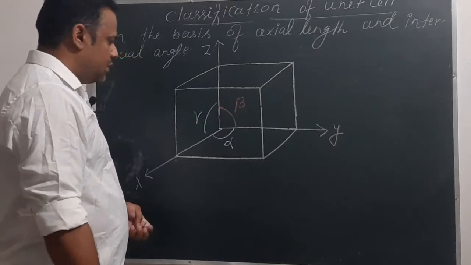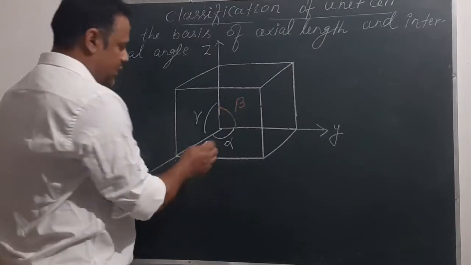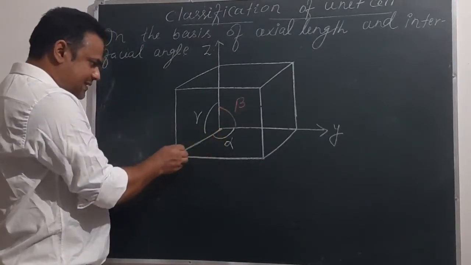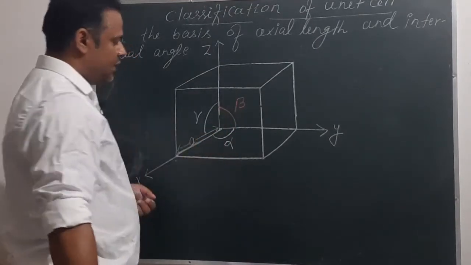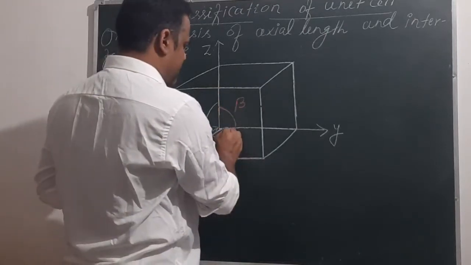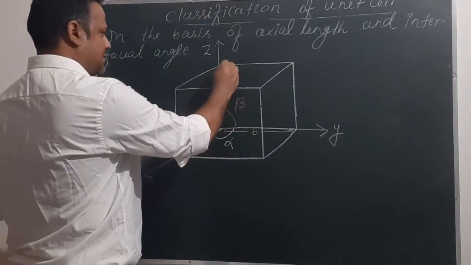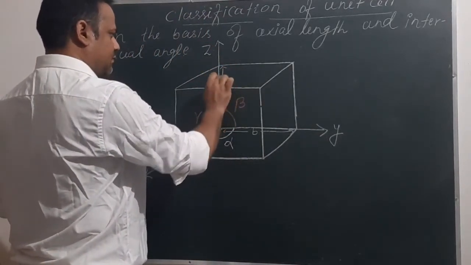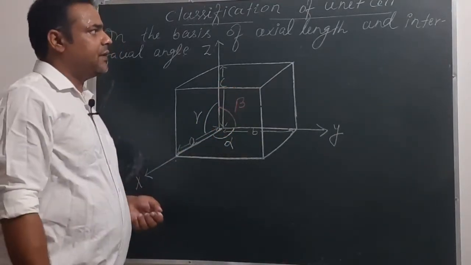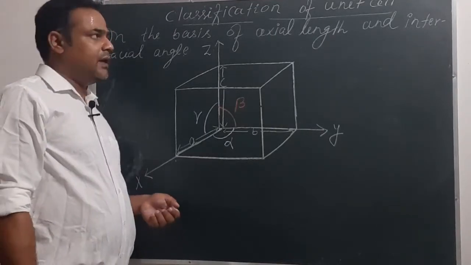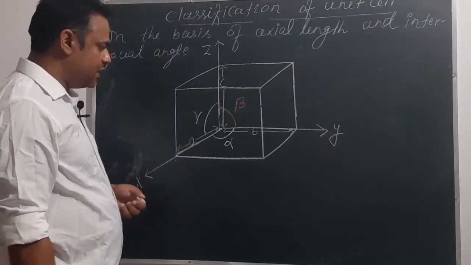Now this is the interfacial angle. Now we will see axial length. The length along the x-axis is taken as A. The length along the y-axis is taken as B. And the length along the z-axis is taken as C. So in total we have 6 parameters, 3 parameters from the interfacial angle and 3 parameters from the axial length.